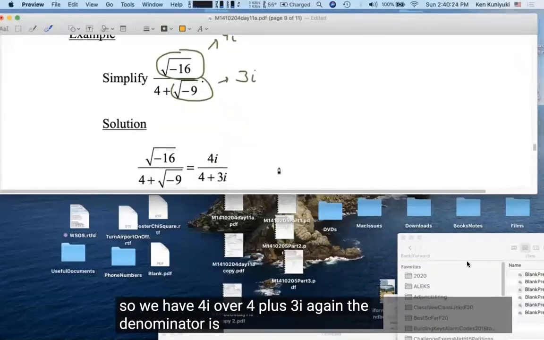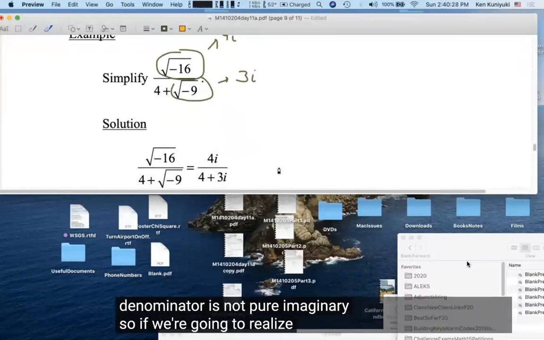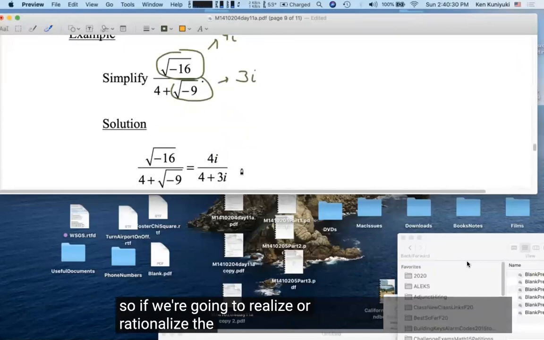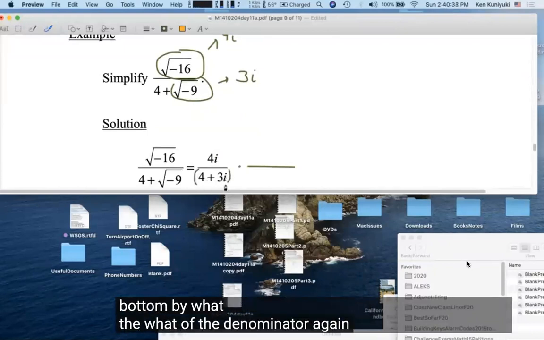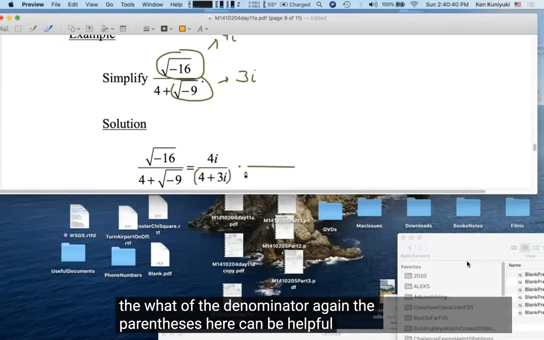Again, the denominator is not pure imaginary. So if we're going to rationalize the denominator, we should multiply the top and the bottom by what? The what of the denominator. Again, the parentheses here can be helpful.